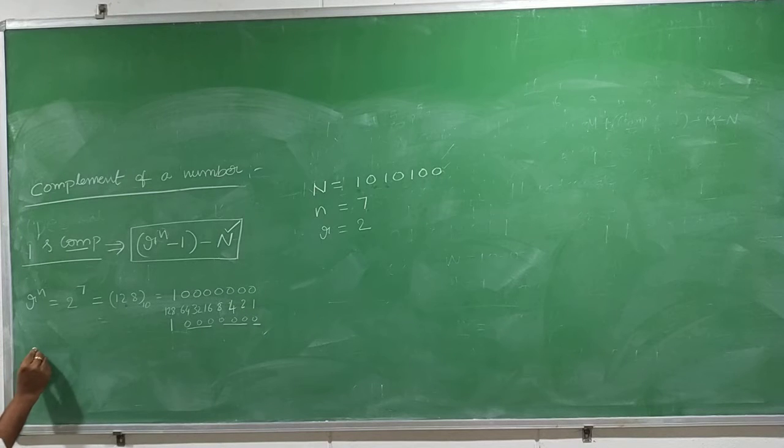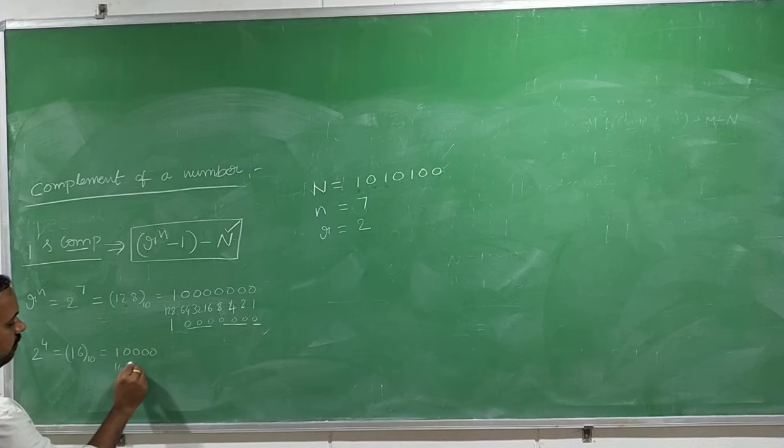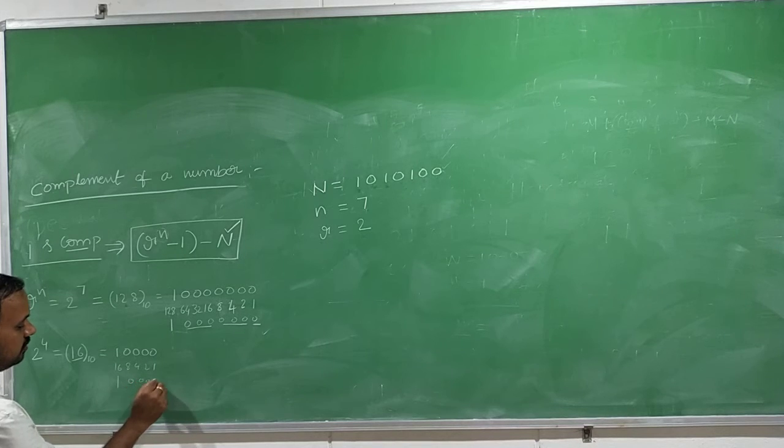For example, 2 power 4 means 16 in decimal. In binary, 1 followed by 4 zeros. So 16, 8, 4, 2, 1. If you want 16, place 1 here and the remaining all are zeros. This is just a decimal to binary conversion I am showing.